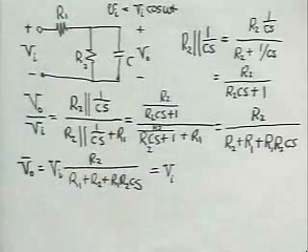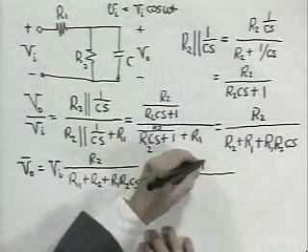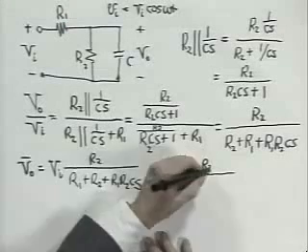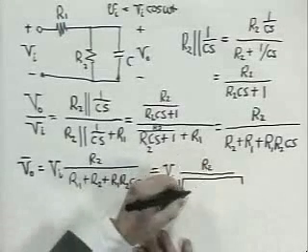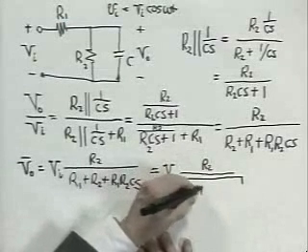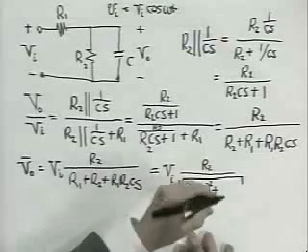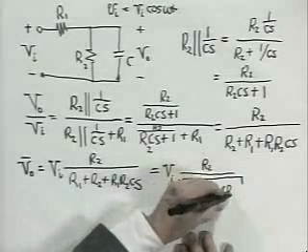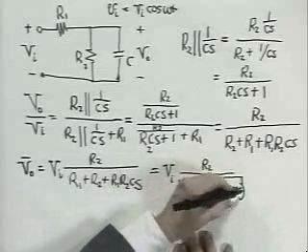That's a real number times the magnitude of this complex number, and now that you've been through this enough, the magnitude of the numerator is just R2. The magnitude of the denominator is the square root of the sum of the squares of R1 plus R2 squared plus R1 R2 omega C, all squared.